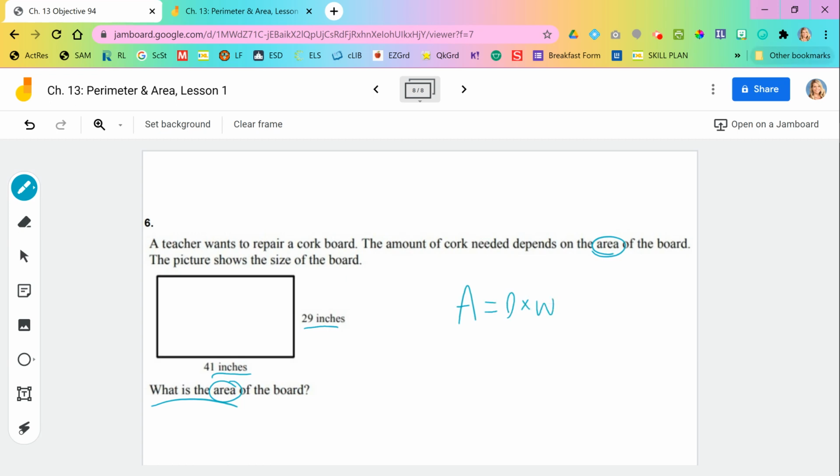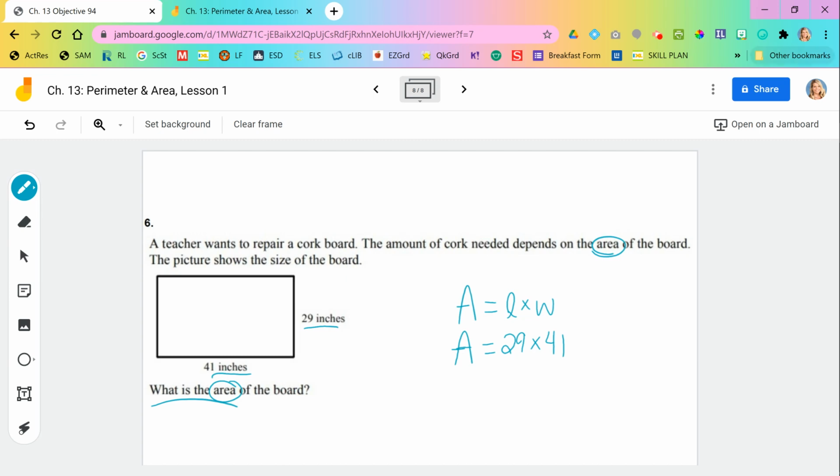Area equals length times width. What is the area? So I don't know area. It needs to stay a variable. All right, what is my length? Remember, you can pick either one of those. It doesn't matter. It's just if I pick 29 here, I've got to pick something different next door.